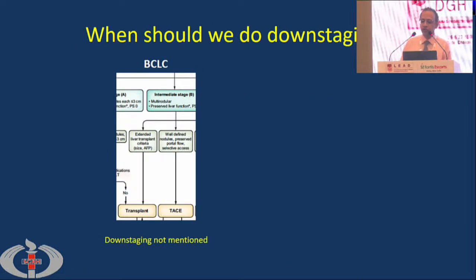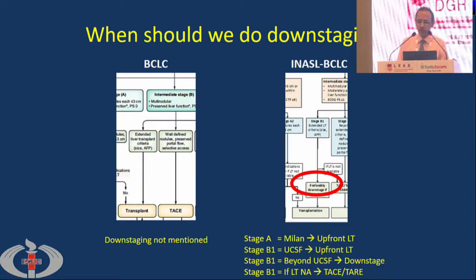And when should we do the downstaging? This was missing from the BCLC staging. Although they mentioned transplant, whether according to staging we should do downstaging or not was not there. So in the INASL BCLC staging, we have said that if the patient fits into Milan criteria, we would do upfront liver transplantation.